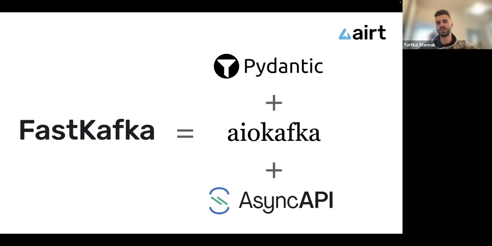It's an open source library on GitHub, written in Python. It's an async way of communicating with Kafka topics. And for the documentation generation, we decided to align with AsyncAPI. It's a movement where people want to have tidy documentation written in a similar way to how the REST API documentation is written.